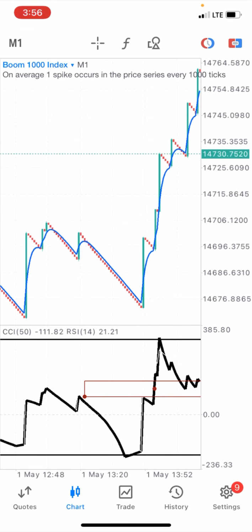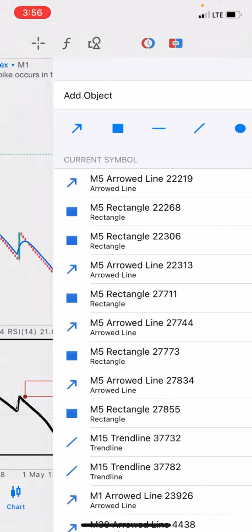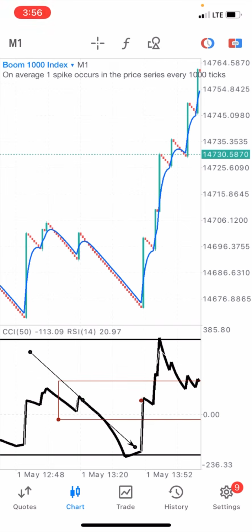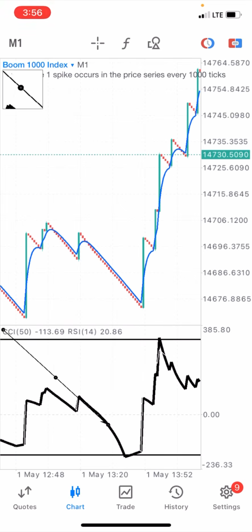Now for you to be able to identify using the indicator, you should actually just wait for the black line here, the CCI, the commodity channel index, to come down to this black line here, which happens to be your relative strength index levels.